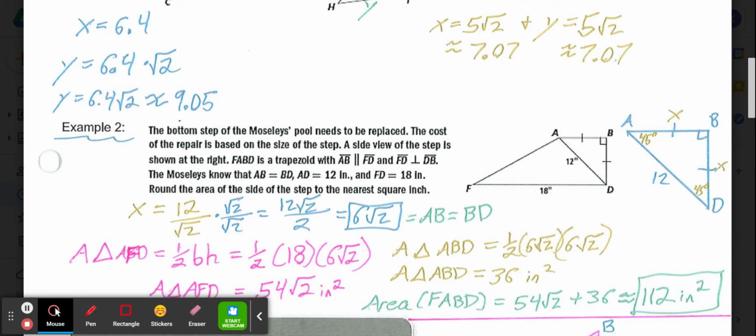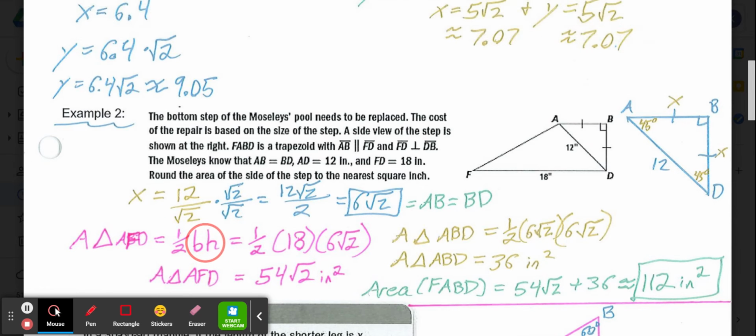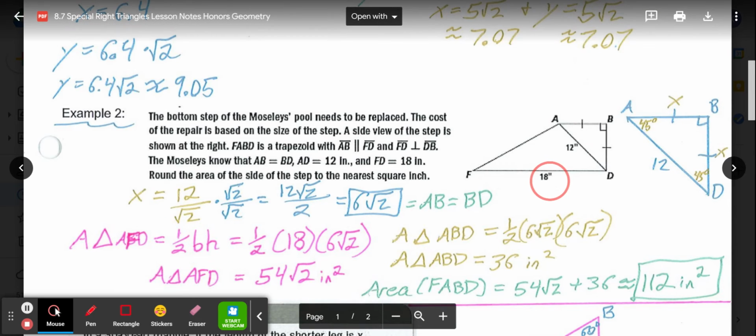Now what I can do is look at this trapezoid overall and break it into its two triangles. If I look first at triangle AFD, however you want to label it, triangle AFD's area would be 1/2 the base times the height. My base is the 18 inches. The height would be from segment BD here, which would be 6 square roots of 2.